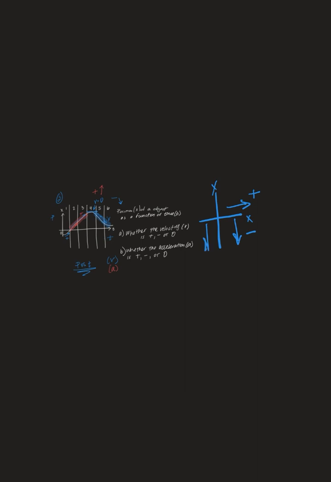No matter what side of the graph you have, even if this side is negative on the x-axis, it's still positive on the y-axis, the same as here. It's positive on the x-axis, but once it's going downward, it's negative on the y-axis. The same thing applies when you're looking at the slope.